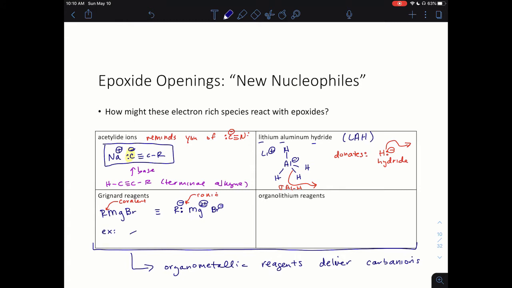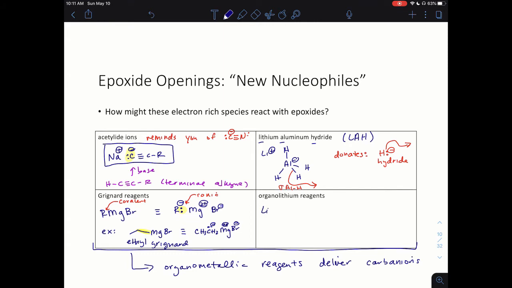So we can look at an example. We can look at ethyl Grignard. Grignard is just the name of one of the people who discovered this reagent. Okay, so here are those electrons, those nucleophilic electrons. So we can think about ethyl Grignard like this if we want, with an anionic carbon and then magnesium bromide. Okay, and then finally the organolithium.